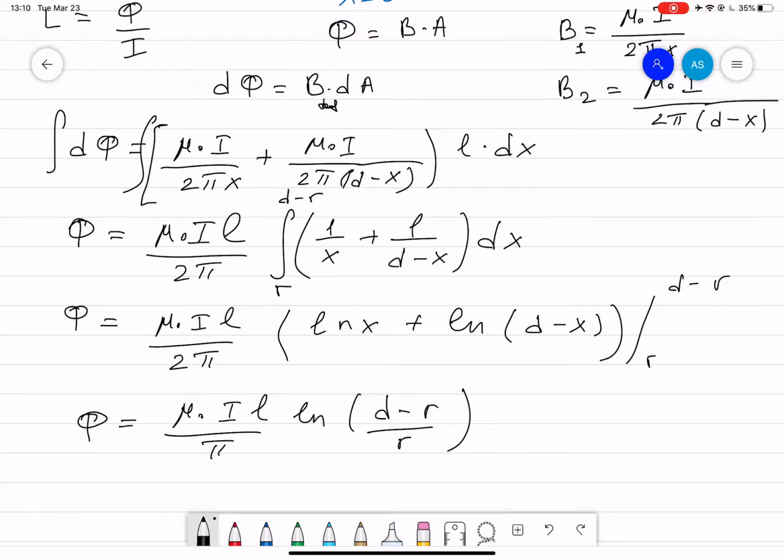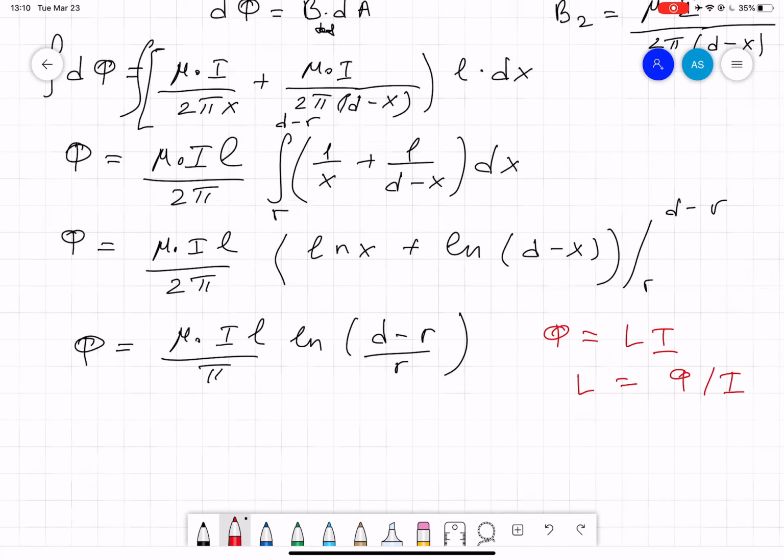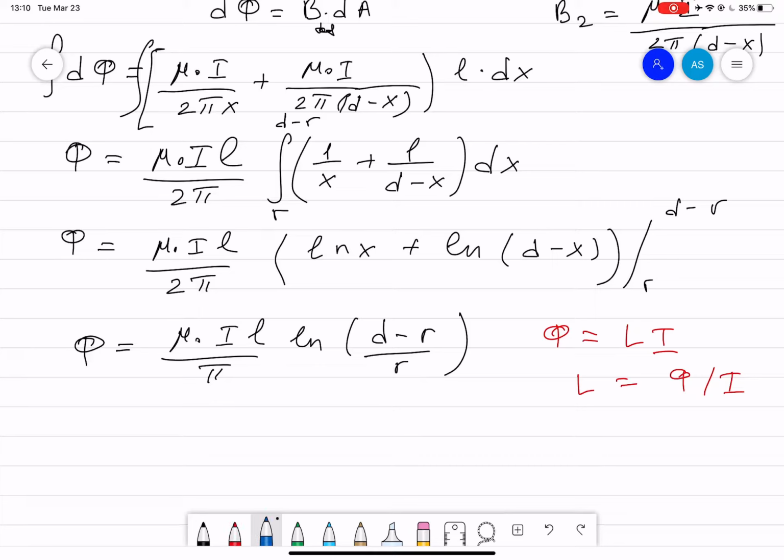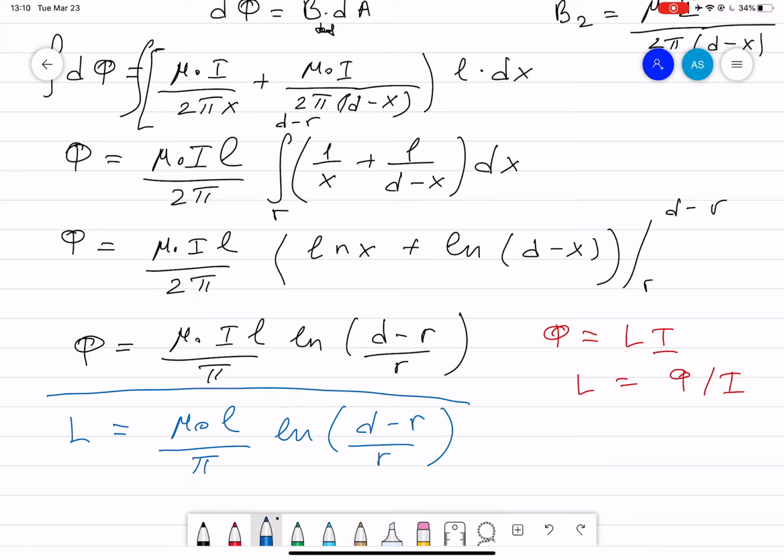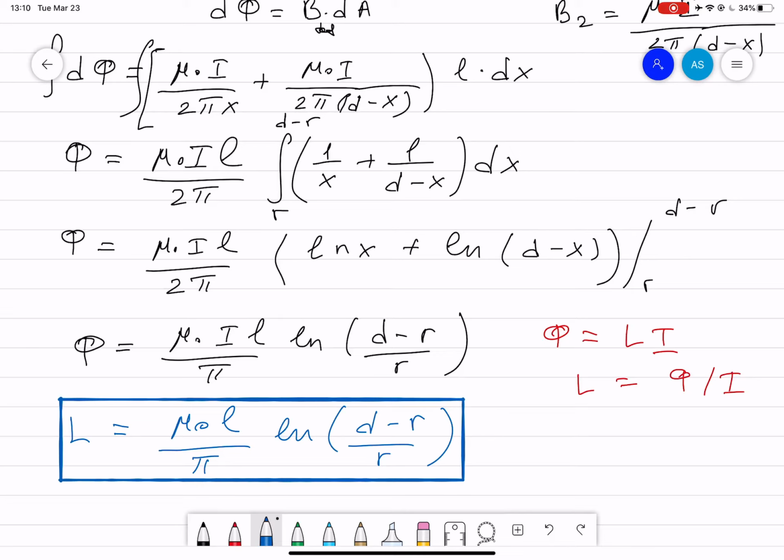Since the flux is equal to L times I, L is equal to flux divided by I. So that gives us L equal to mu naught times the length divided by pi, times ln of (d minus r) over r. So I guess that's it. If you plug in the numbers, you should get the answer.